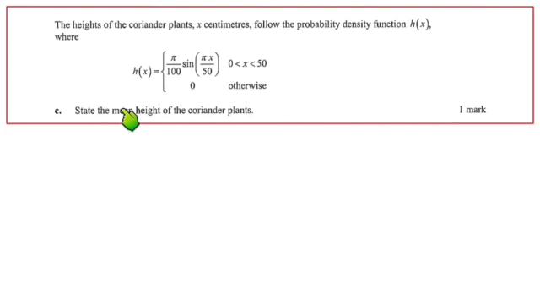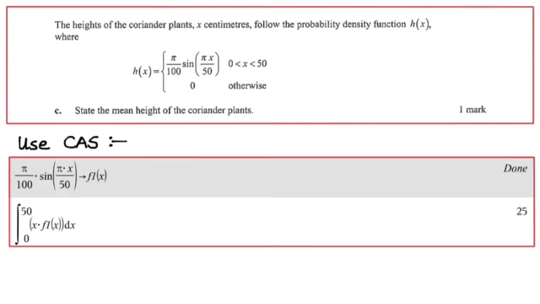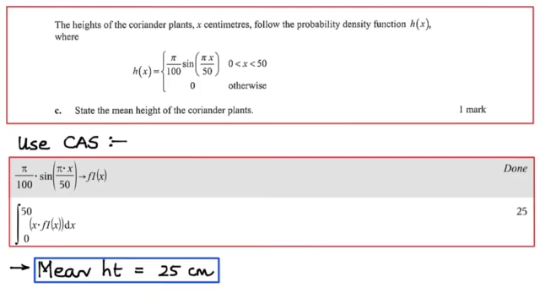Let's move on. The mean height, 1 mark. Okay, oh no problem, just go for it with the CAS, guys. It's very easy. Use CAS, and we're putting this function into our calculator, and then we're just going for the formula for the mean, which is the integral of x times f of x with respect to x from 0 to 50, and we get 25 centimetres high.